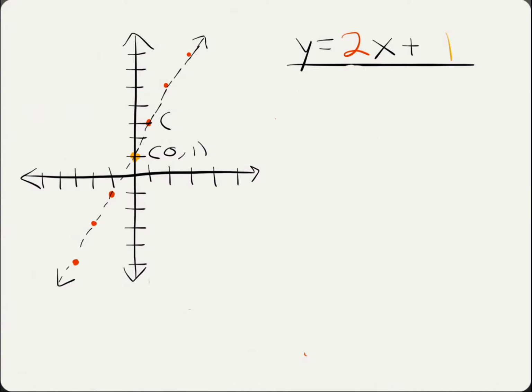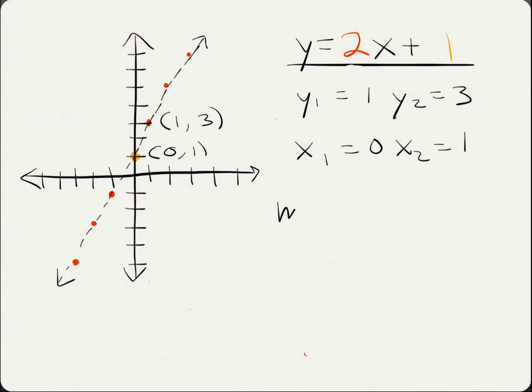We're going over 1 on the x-axis, and going 1, 2, 3 up on the y-axis. So y1 is equal to 1, y2 equal to 3, x1 equal to 0, and x2 equal to 1.